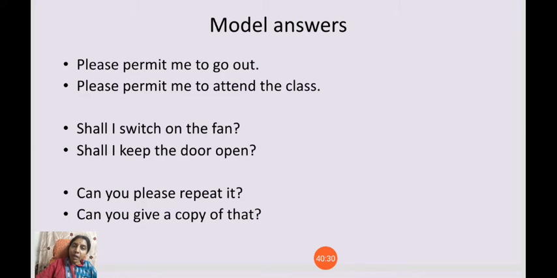Can you please mark the attendance? Can you please recheck what I have done? So in this way, you can use a number of expressions with the words can you. I have given only two examples on the slide.